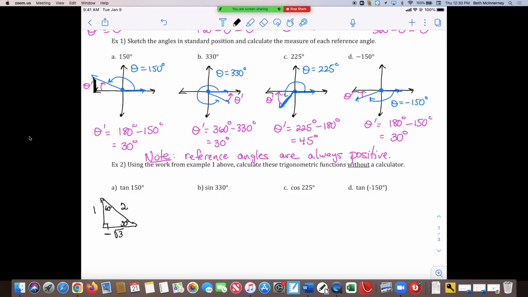Again, we're going to do this more in the next lesson, but for now, you're going to take your sketch, and it's going to create either a 30-60 or a 45-45 right triangle. And so you're going to have to remember those two special right triangles. And then you're going to have to do that I went left. So this part is negative. I'm up. Across from that 30 is up.